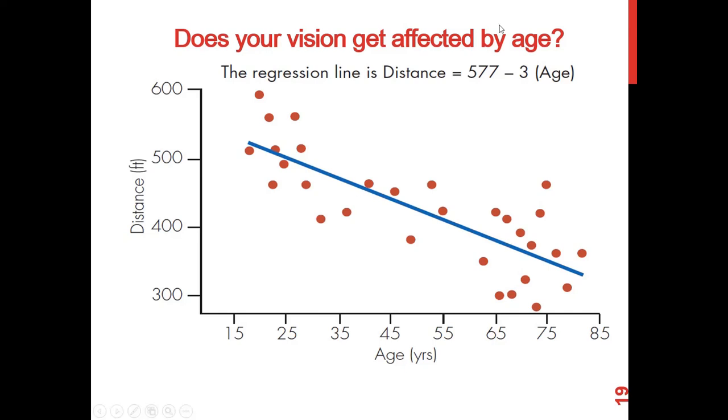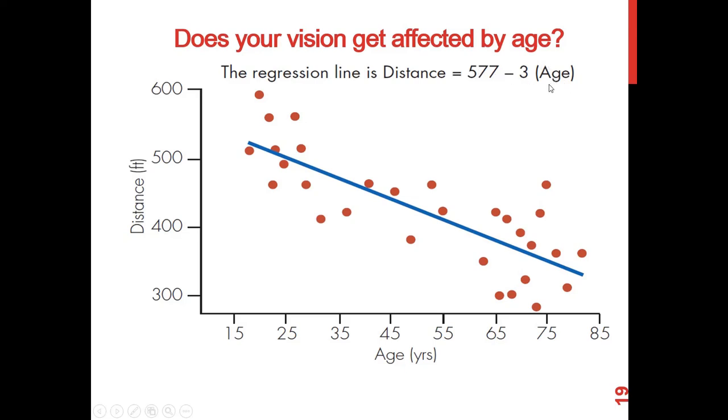So these points are around the line, not exactly on the line, and this line is showing a negative slope. You remember slope intercept concepts, right? This line is showing a negative slope, which means that as age increases, the distance up to which a person can see decreases. And this is the equation of that line, 577 minus 3 times age.